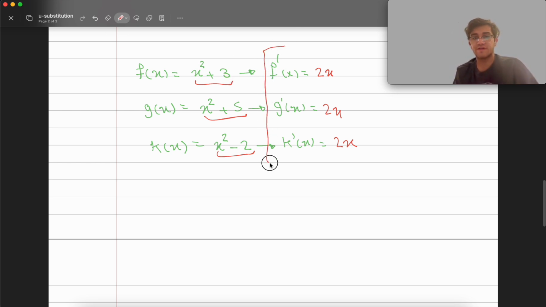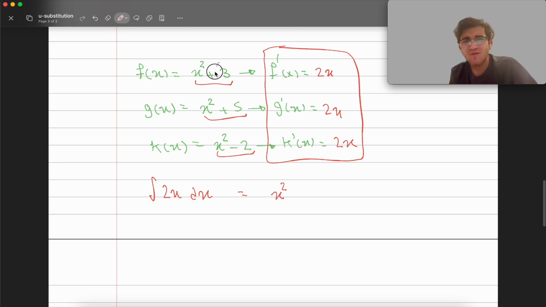So I have the derivative right here, and now if I want to take the integral of 2x dx, it should be x squared, right? But how about these numbers? What will happen to these numbers? We actually have a number, so x squared is not the same as these ones right here, and I cannot say x squared plus 3, which is wrong.